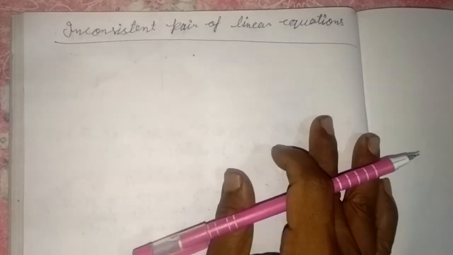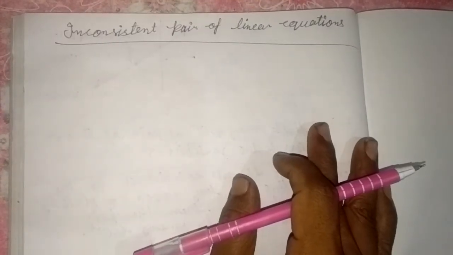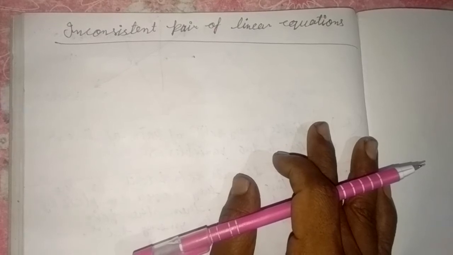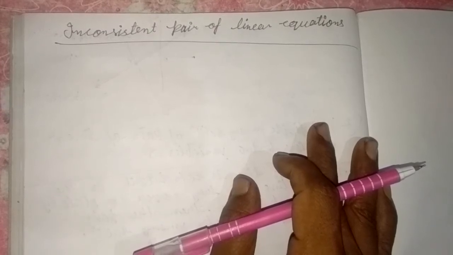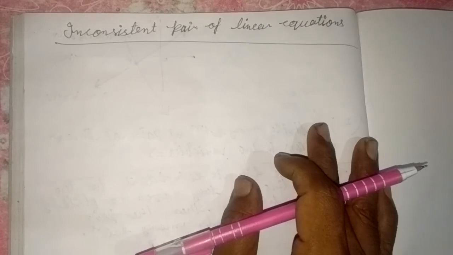So in this we will write: a pair of linear equations is called an inconsistent pair of linear equations if it has no solution.